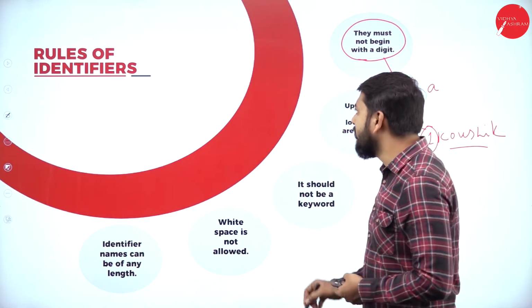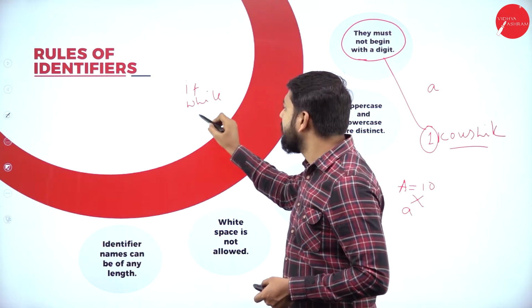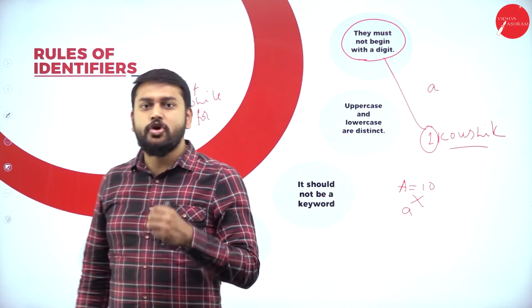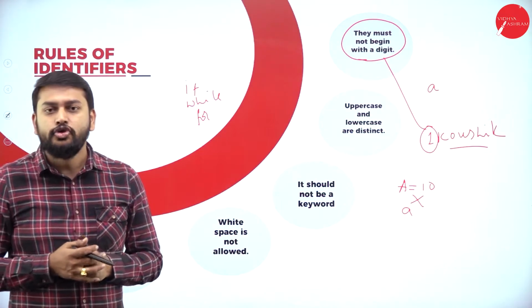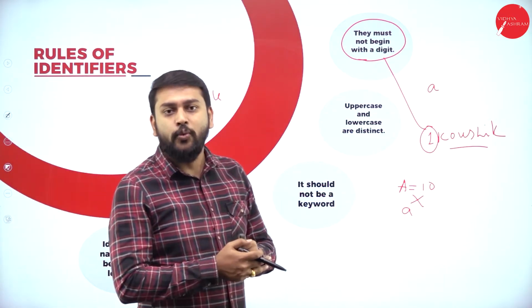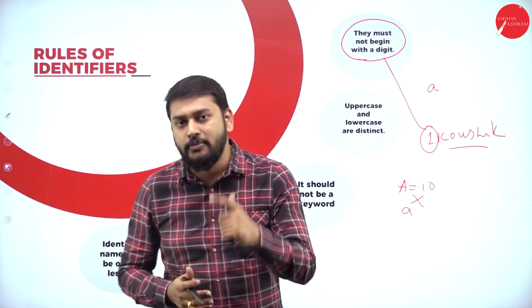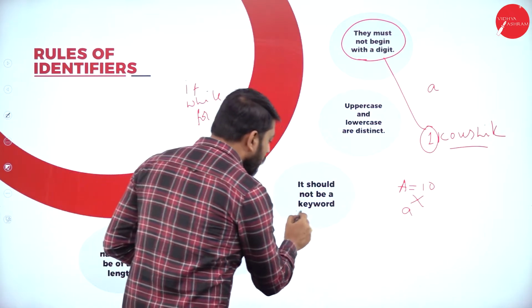All of you would have come across words like if, while, and for. All these are keywords, which have their own reserved meaning. You cannot use such words whenever you are declaring a variable. So that is one more rule that you need to follow.